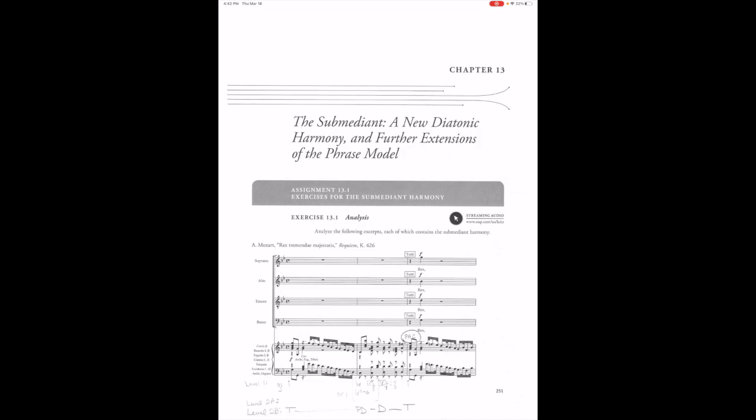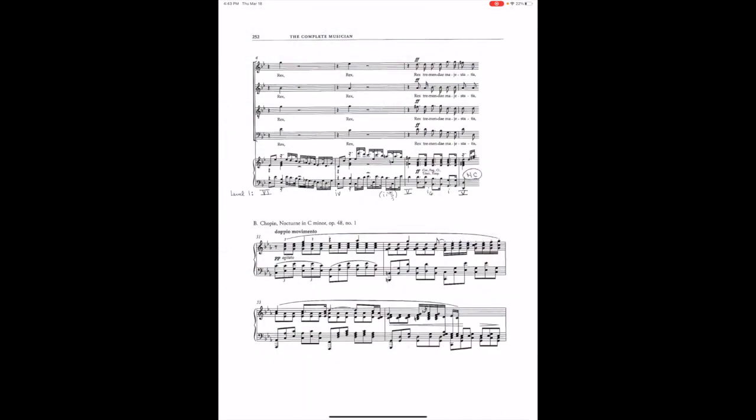But now from bar 3, going over the next page, it starts on the 1 chord. This is an E flat chord, a 6th chord. This is not structural. Down to the 4 chord, to the 5. So now we need to figure out the phrase model for this thing.